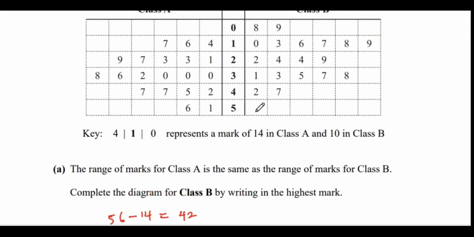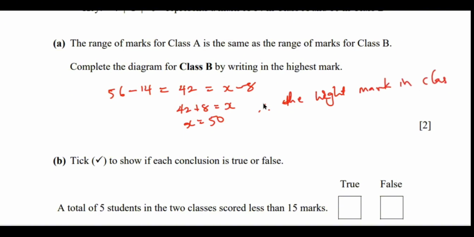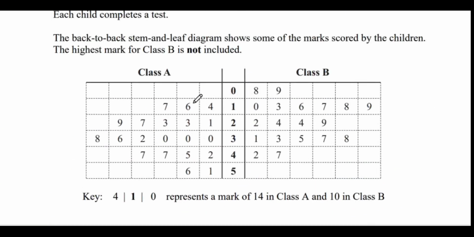And we don't know the highest for class B, but we know that the lowest is 8. So we call it x, and the range equals x minus 8. When this minus 8 moves over here, we have 42 plus 8 equals x, which gives you x equals 50. Therefore, the highest mark in class B is 50. So that's going to be the highest mark in class B since the ranges are the same.